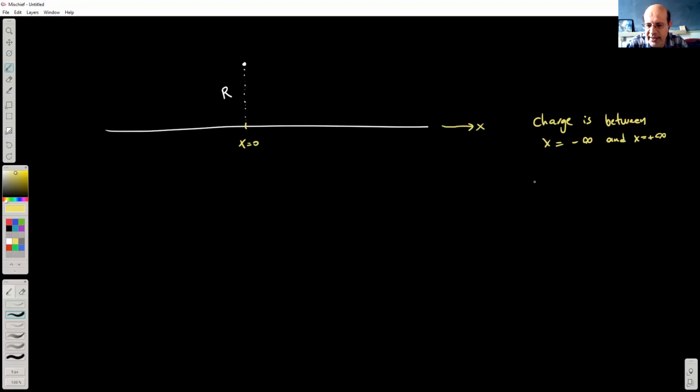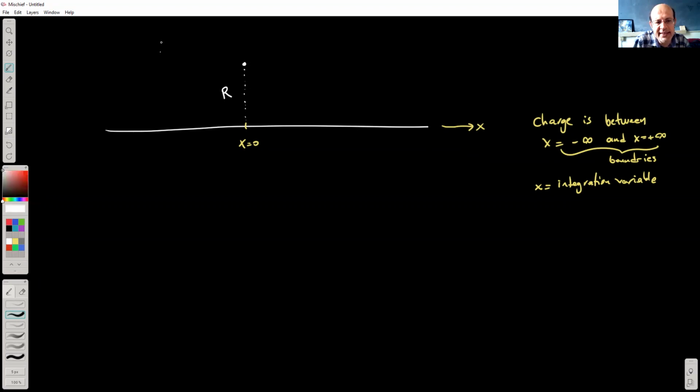So let me write this thing down. Right. X is my integration variable. And these are my boundaries, right? But this is something that I'm going to do only at the end. So what I need to do in here is this.